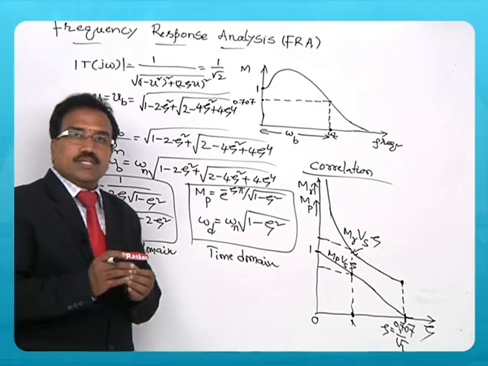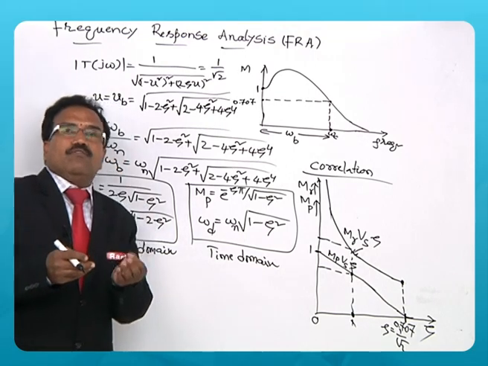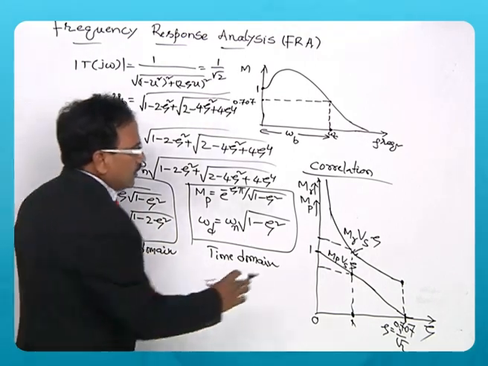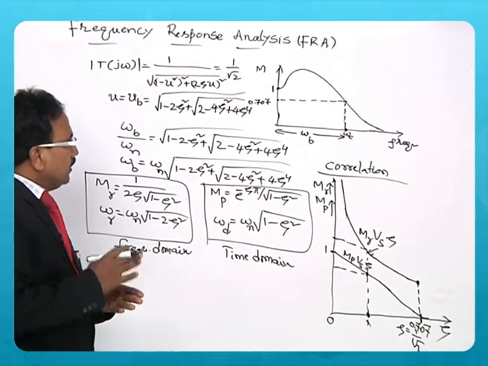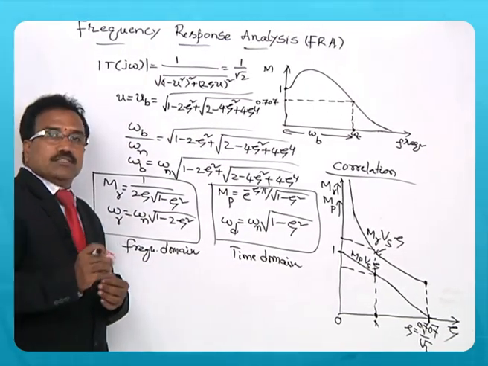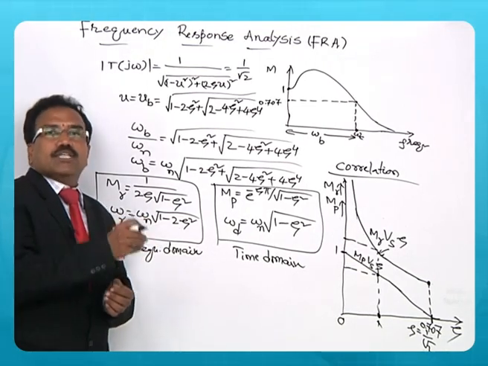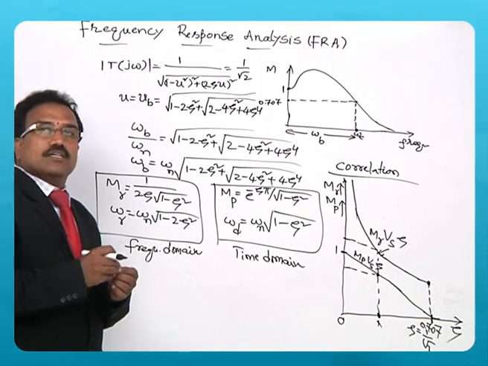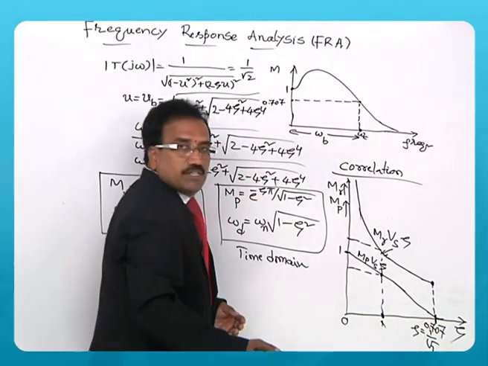If peak overshoot is x, then resonant peak may be some value multiplied by x, so that I can compare in time domain for that zeta, this is peak overshoot, then in frequency domain for the same zeta, what is MR. This comparison I can do only up to zeta equal to 0.707.